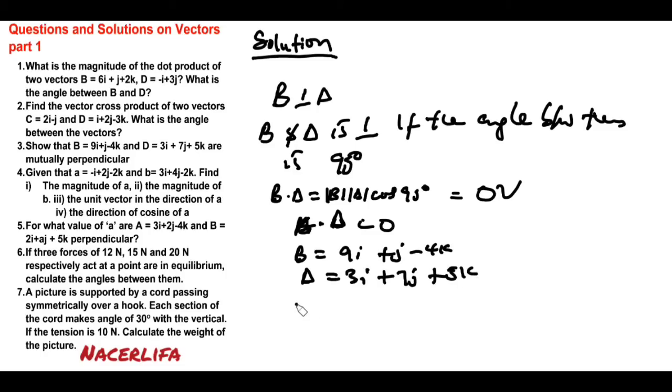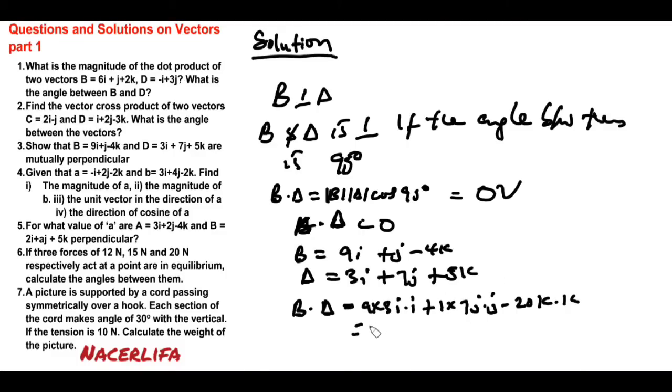So to dot this, we have i dot i, of course, this is 9 times 3, i dot i, plus 1 times 7, j dot j. This is minus 4 times 5, so this will be minus 20, k dot k. So 9 times 3 is 27.